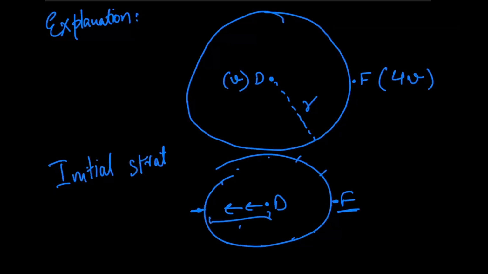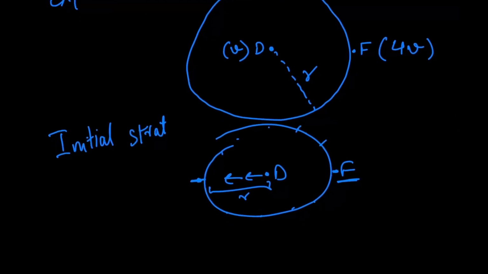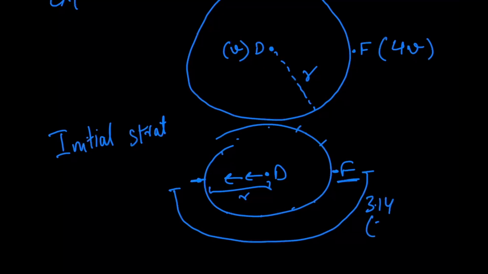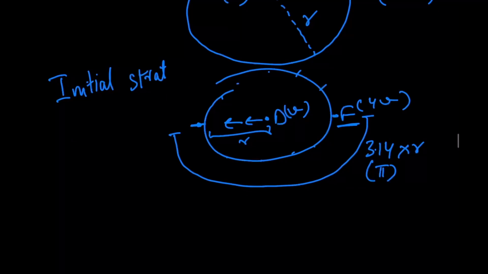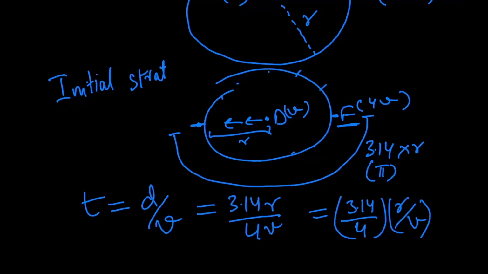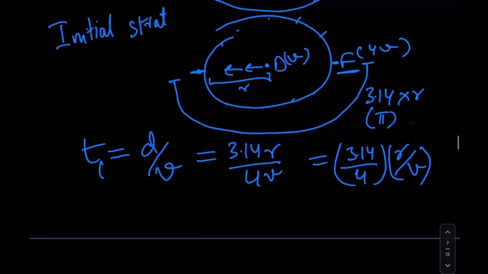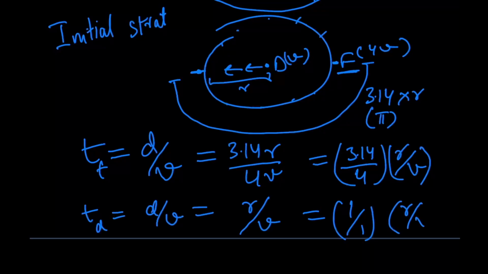So since this distance is r, and by math we know that half of the perimeter length is 3.14, which is basically an approximation for pi times r, and the duck speed is v while the fox's speed is 4v. So how much time does it take the fox? Time is distance upon velocity. So this comes out to be something looking like this, while the time for the duck comes out to be something looking like this, right?